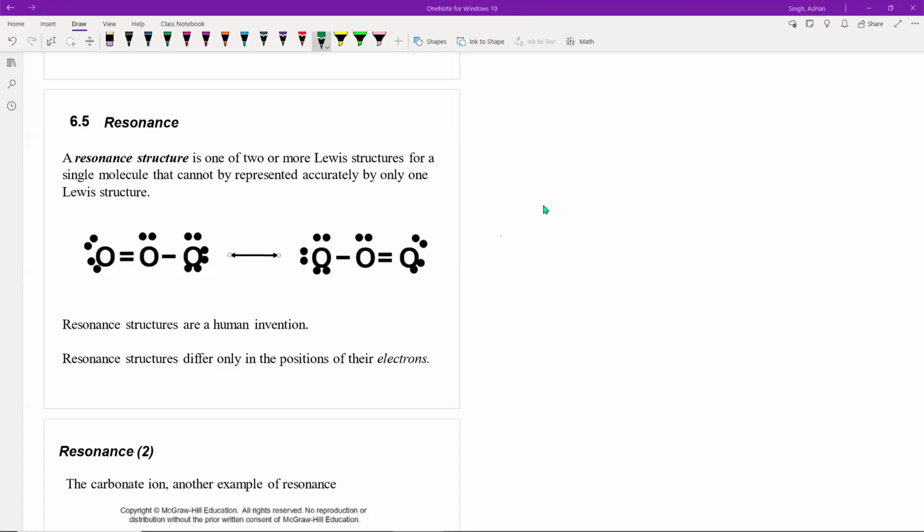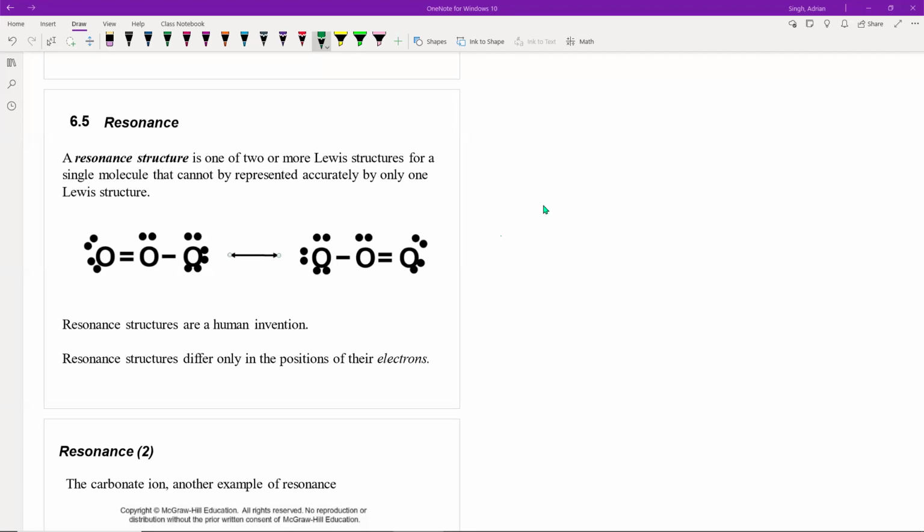Okay, so another phenomenon that you will encounter with Lewis structures is it may be possible where a single molecule cannot be represented accurately by only one Lewis structure.